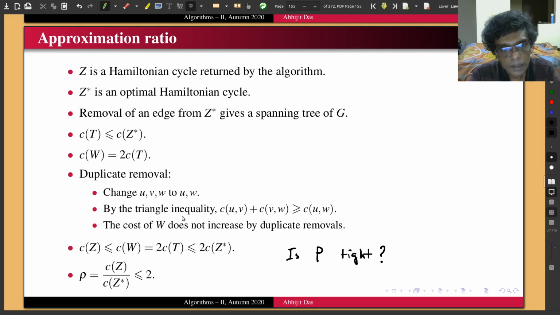But in a general situation where you deal with an arbitrary cost function, which is not bound to satisfy this triangle inequality, can we arrive at some such algorithms?